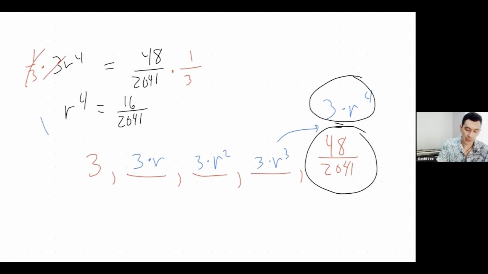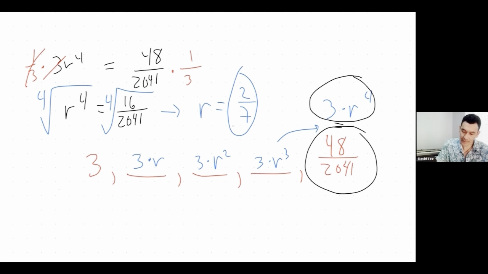Now, on your calculators, to get r alone, you take a 4th root. You take a 4th root of 16 over 2401. You get back exactly r equals 2 over 7. So now take that r and plug it in here, here, and here, and you'll get your final answer.